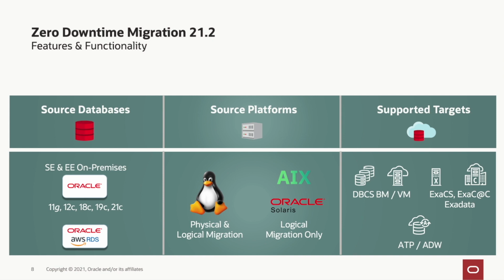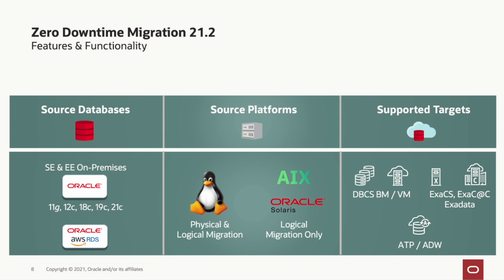Those can be taken from that service and migrated into the Oracle Autonomous Database. So we have that as a source database now, which is great. It's a new feature from 21.2. Now, from source platforms, for physical and logical migration, we support Linux, so basically databases that are running on Linux platforms. And for logical migration, we support databases that are running on AIX and Solaris.